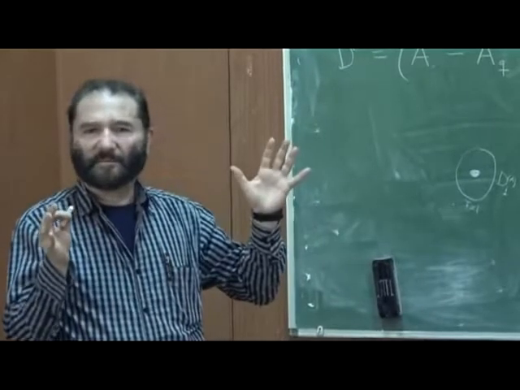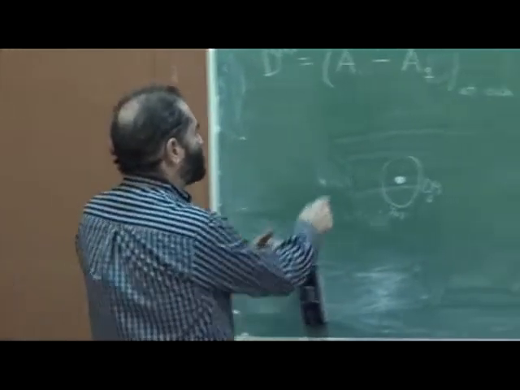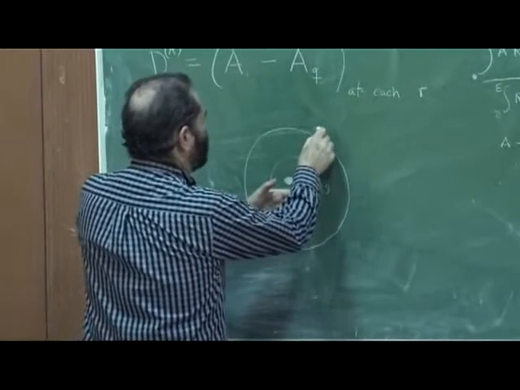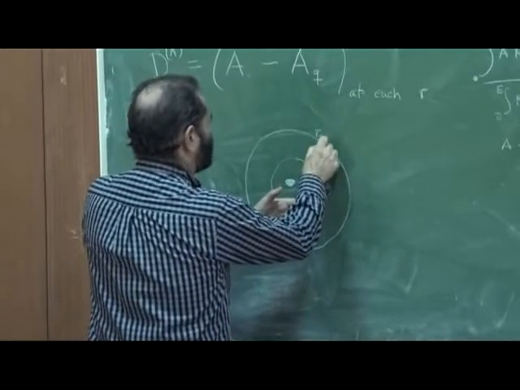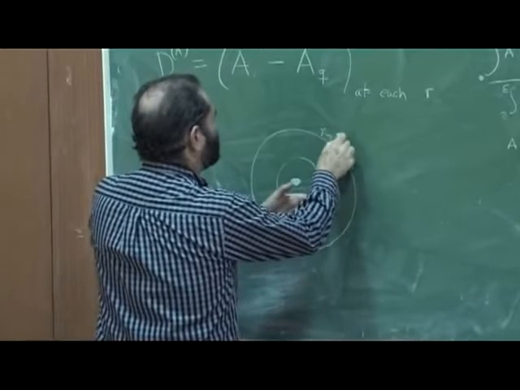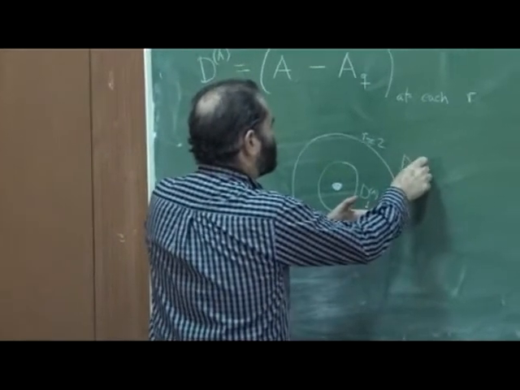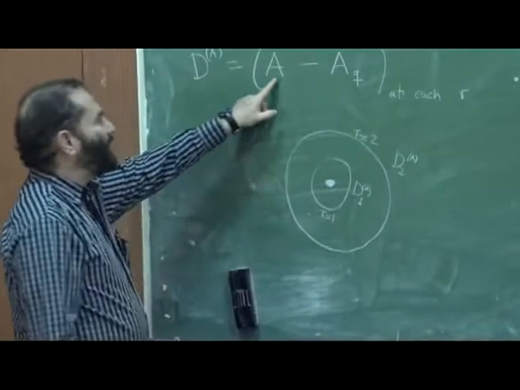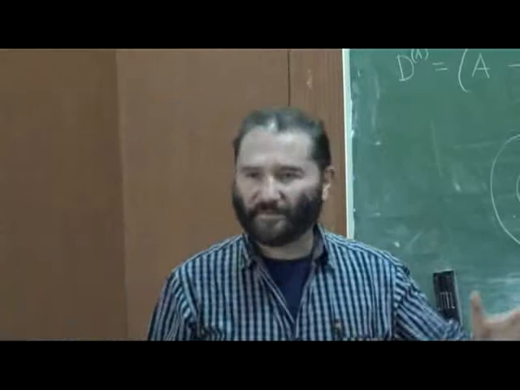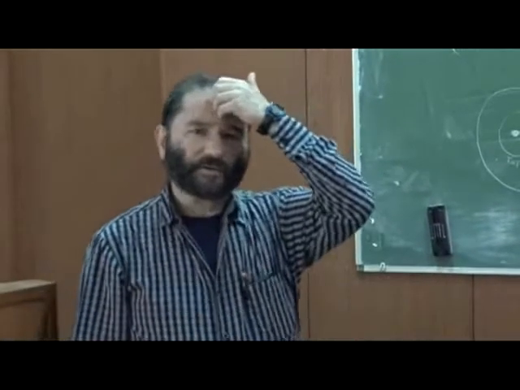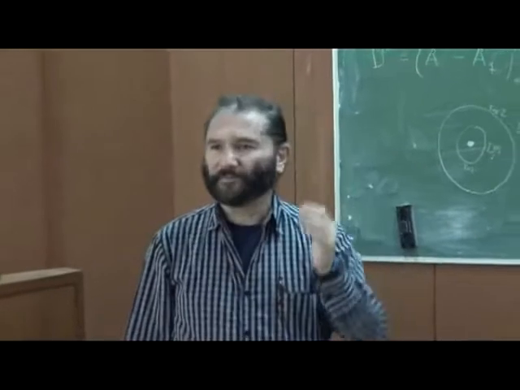We obtain a number. Then we go to the next one. It's going to be r2. R equals 2. And we obtain another number, right? Because A and A_Q are different. So their difference is also going to be a function, right? So this is what we're going to study, okay?